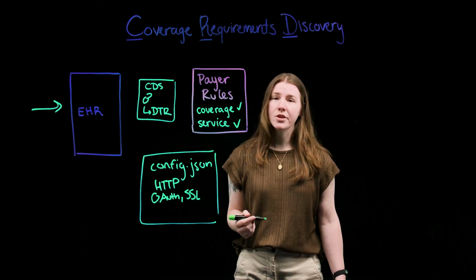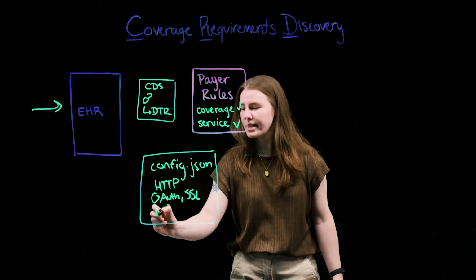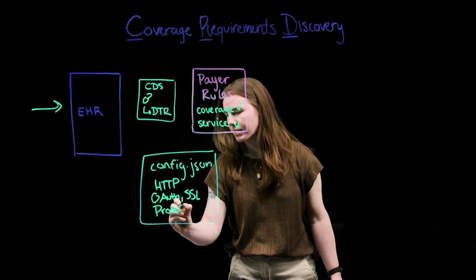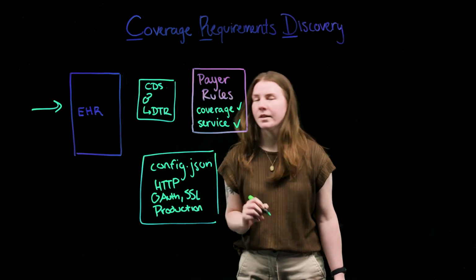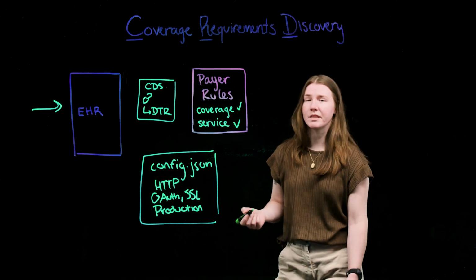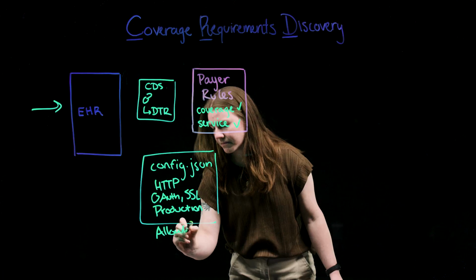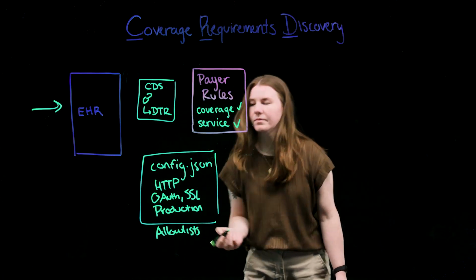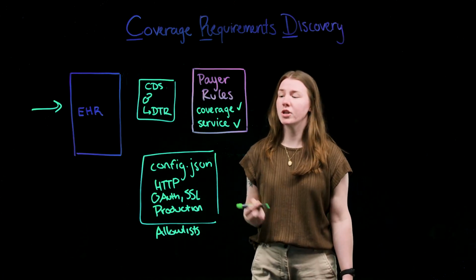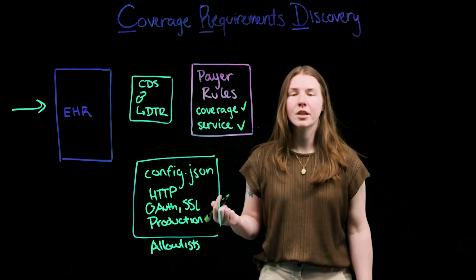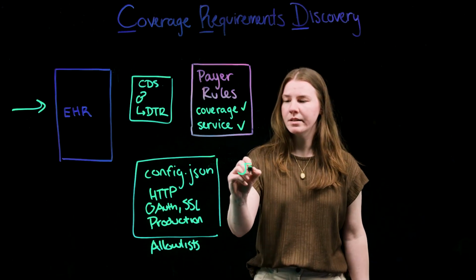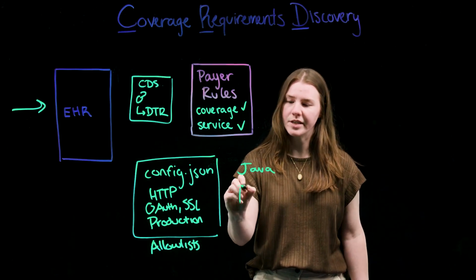During this configuration, you can also set up production settings if needed. And finally, CRD-specific allow lists. These allow lists define trusted authentication servers. You'll also need both Java and Python for CRD.